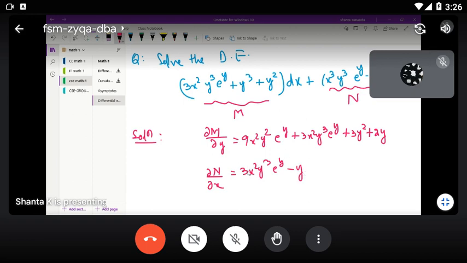See, you have this, they are not equal, and you see if you can use anything. Del m by del y minus del n by del x divided by y.